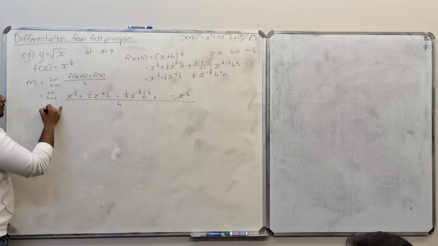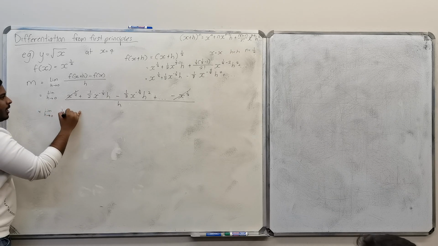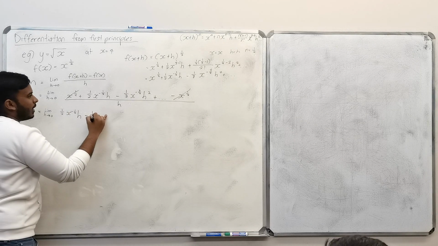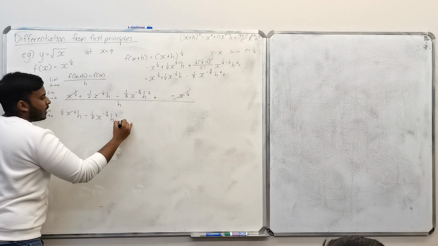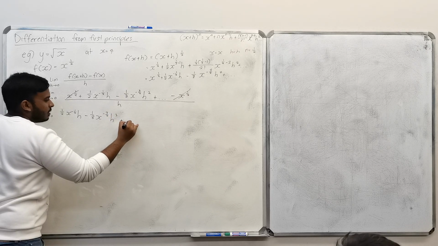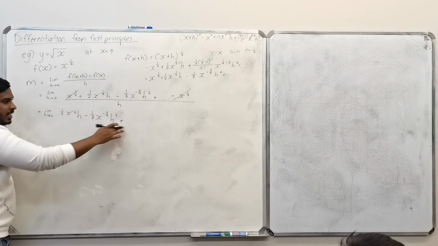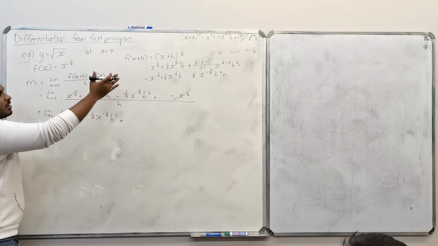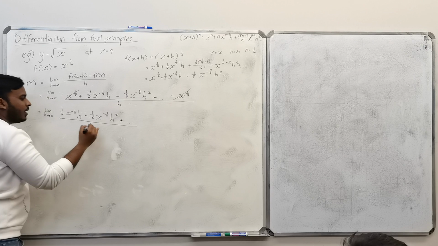So you're going to end up with the limit as h approaches 0 of half x to the power minus half h minus 1 over 8 x to the power minus 3 over 2 h squared plus whatever powers of h later on.